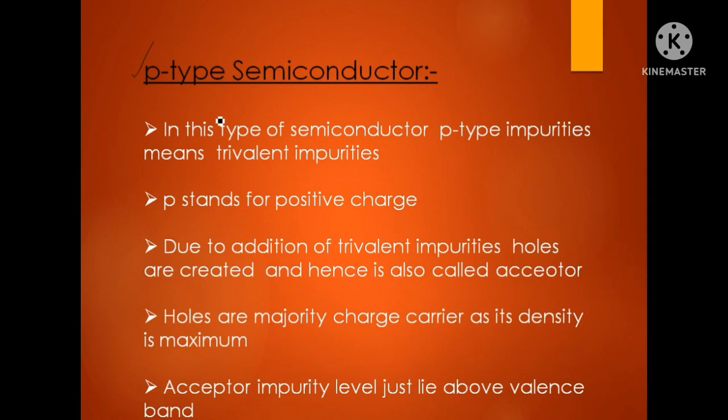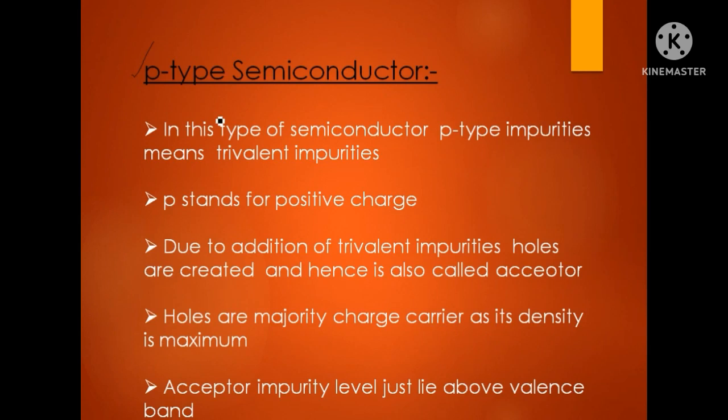Because due to the addition of trivalent impurities, holes are created. That is why it is called a p-type semiconductor, and it is also called an acceptor, because due to the creation of the hole, it will attract electrons. So this p-type semiconductor is also called an acceptor.